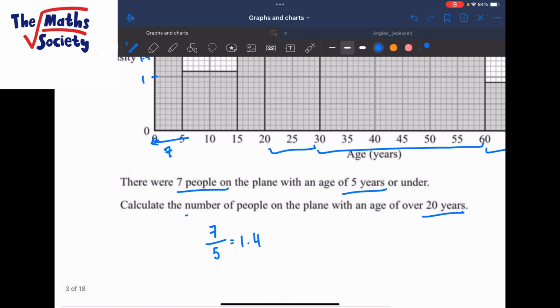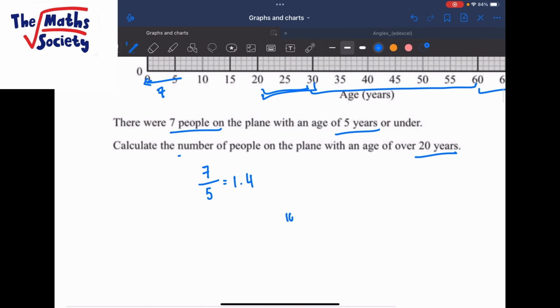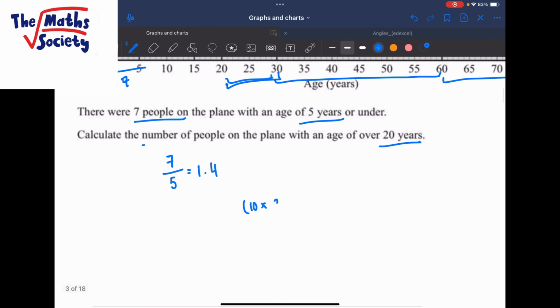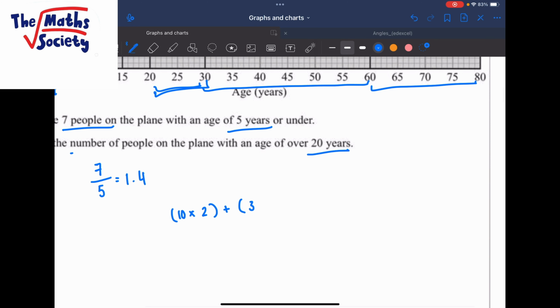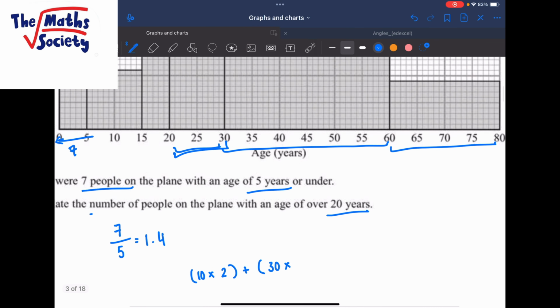And then it says calculate the number of people over 20 years. So 20 to 30 is a class width of 10, and they have a frequency density of 2. That plus, from 30 to 60, which is 30, multiply, we just need to figure out the frequency density, which is 2.5.